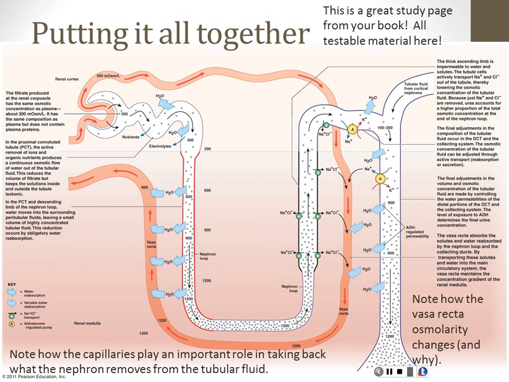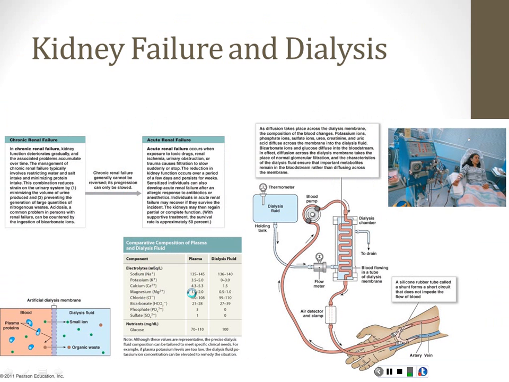Okay, so connect this with that vasa recta slide that had the juxtamedullary nephron, big long loop, regular nephron, or cortical nephron with a little loop. Here's the connection to that. Okay, and it talks about that system right here. A lot of good stuff on that slide.